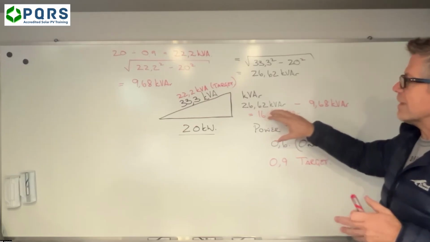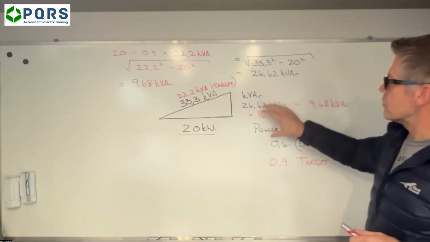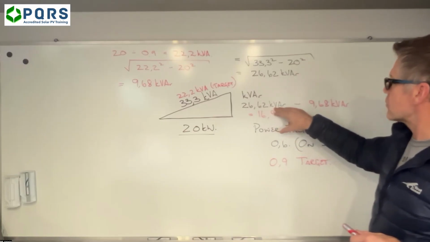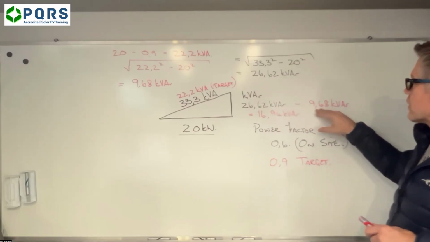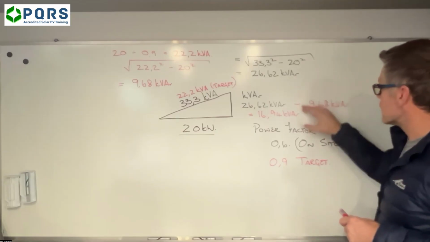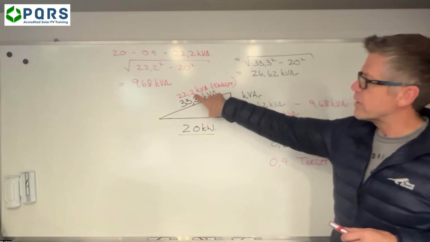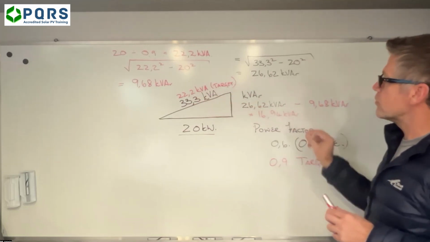That needs to be injected in the form of capacitance into the electrical network in order to achieve 9.68 kVAr. And once we've achieved this, our apparent power will be reduced to 22.2 kVA.